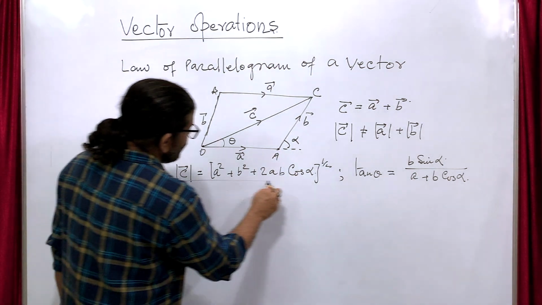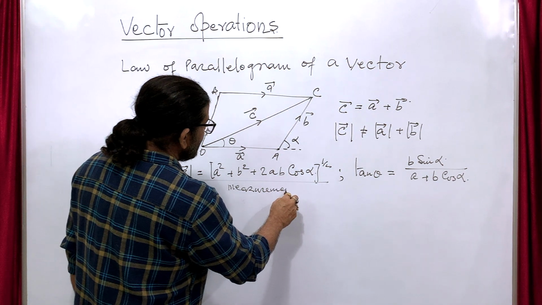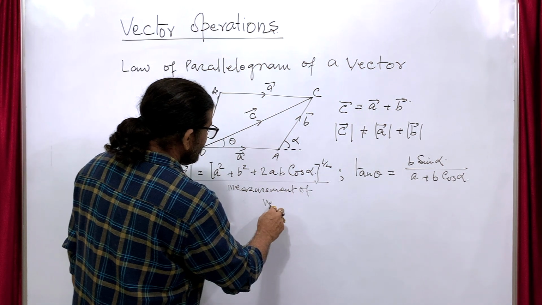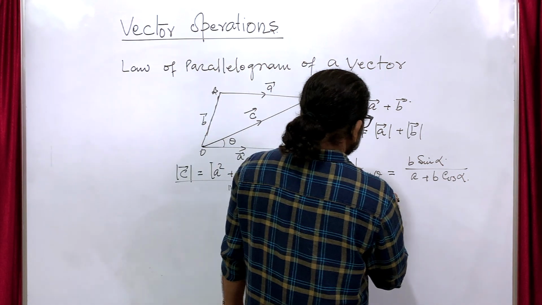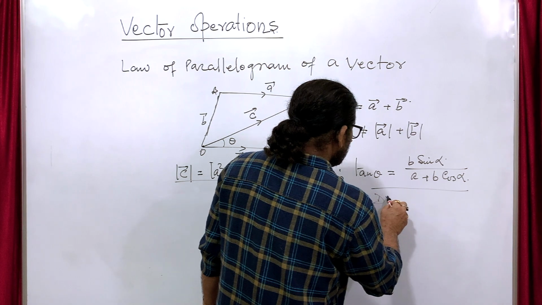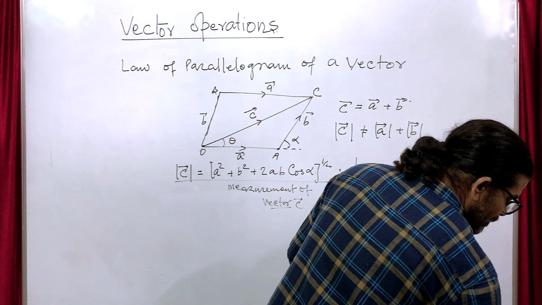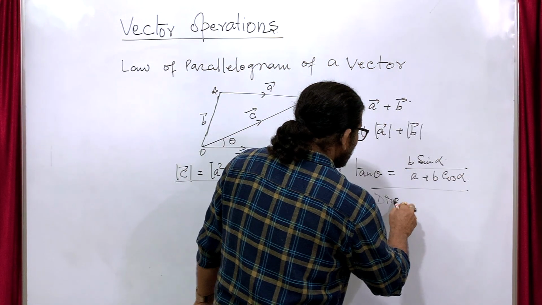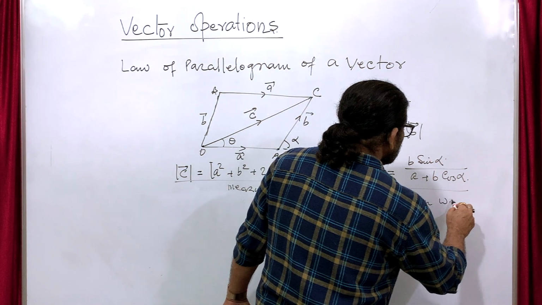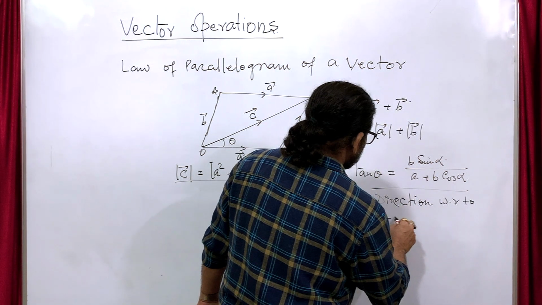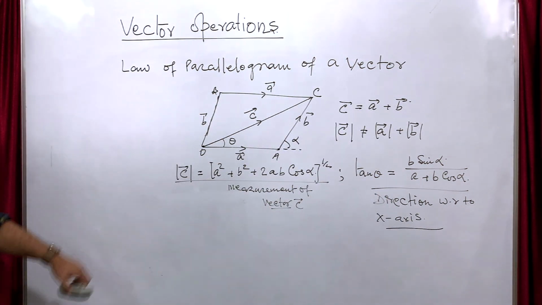So this gives you the magnitude of vector C, and this gives you the direction with respect to the x-axis.